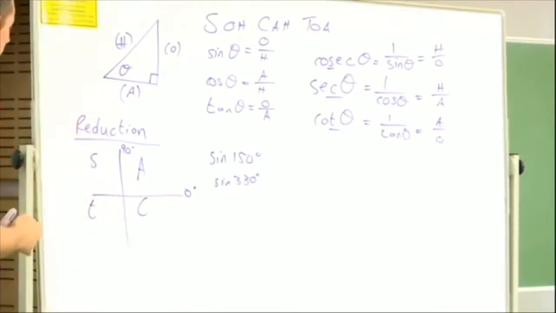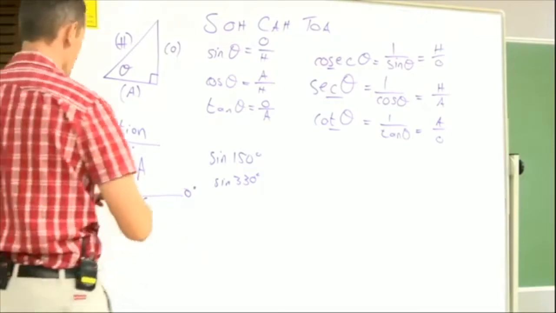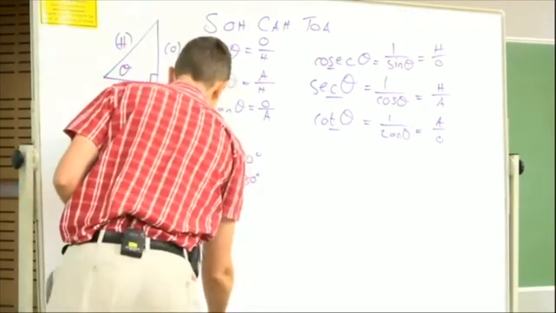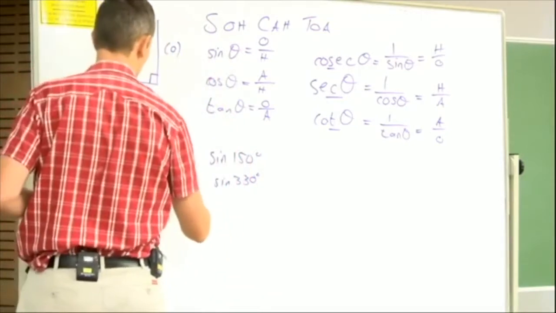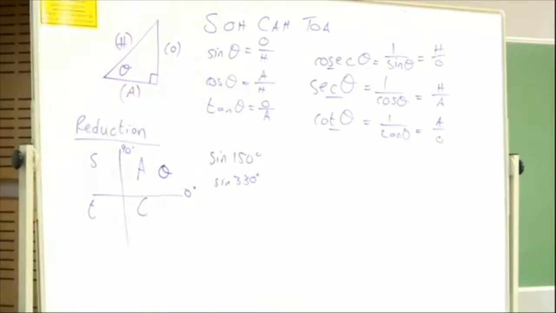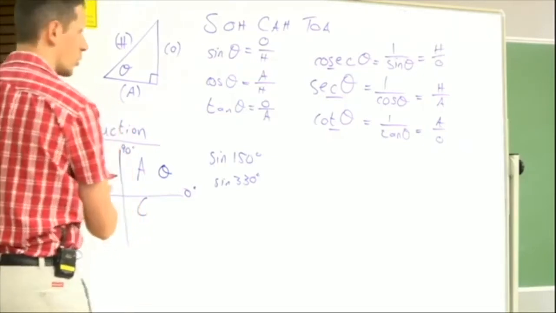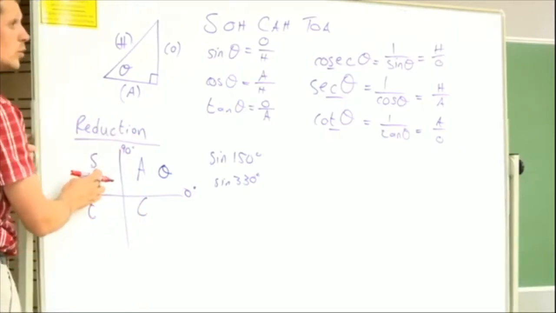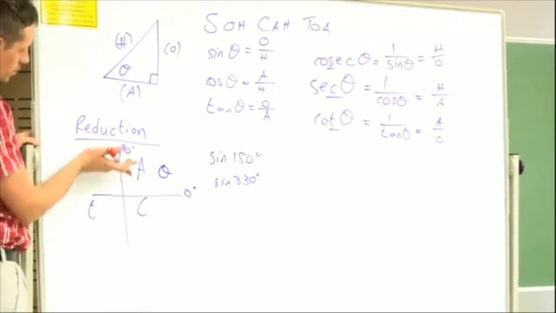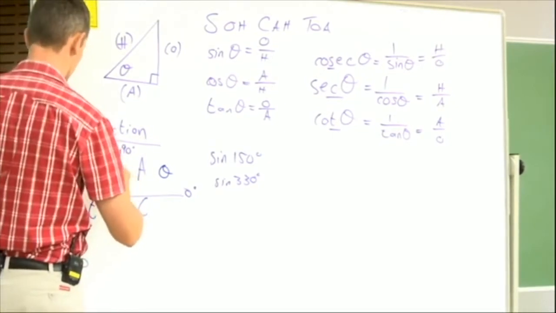C-A-S-T. In the first quadrant, we are going to work with theta. We're just going to always assume in simplification that all thetas lie between 0 and 90 to avoid confusion. The second quadrant, we're working with what? 180 minus theta.